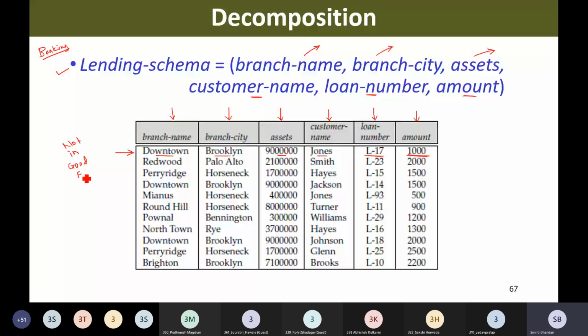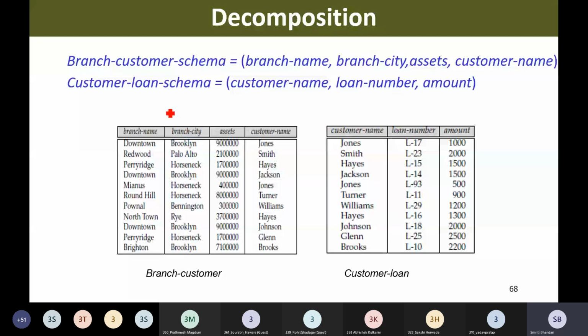Let us assume we decompose this relation into two relations, branch customer schema and customer loan schema. The branch customer schema has branch name, city, assets and customer name, whereas the customer loan schema comprises three attributes. And what are these three attributes? Customer name, loan number and amount.